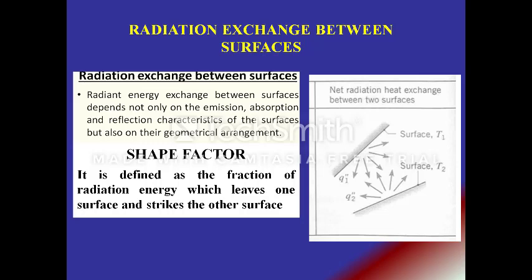Suppose I increase the angle, tilting it more so that the plates are facing away from each other. What will happen? Still less energy from surface 1 will fall on 2. The majority of the energy will simply leave. So it gives us a clue that the energy coming from one surface may not fall fully on the other surface.